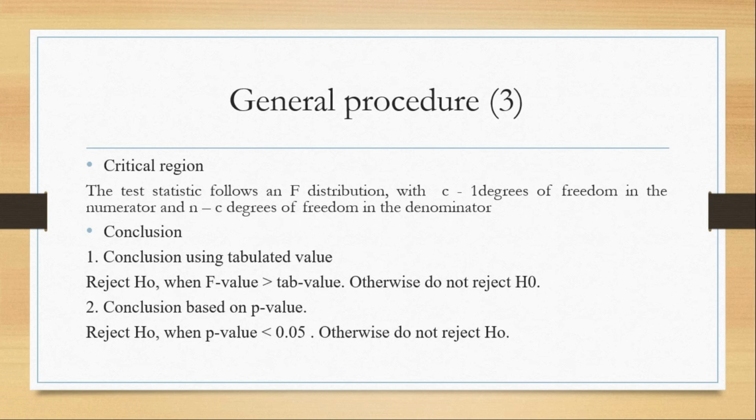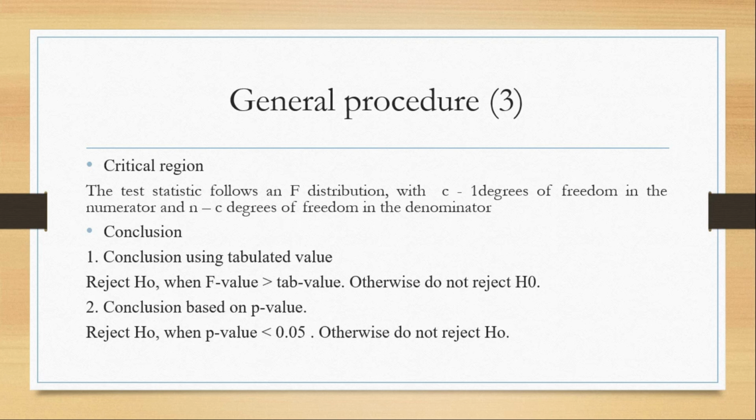So the last step is to conclude our results, and the conclusion is based on two options, that is by the tabulated value or by the p-value. The tabulated value is obtained from the table and the p-value is obtained from the software output.